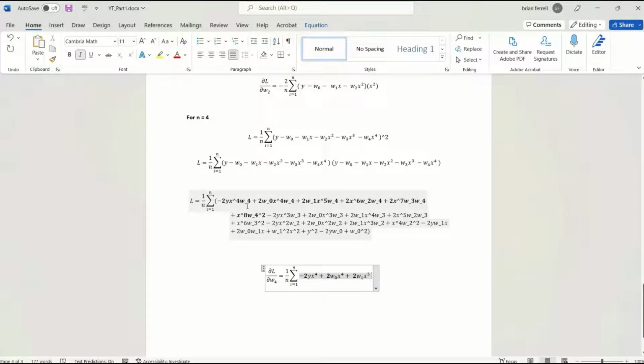So I have this first one, which is that. The second one, which is this, where you just dropped the weight 4. I have that one, which is 2 times weight 1 times x to the power of 5, and you drop this part. Now we're on this one, which would be 2x to the power of 6 times weight 2, and you drop the weight 4.